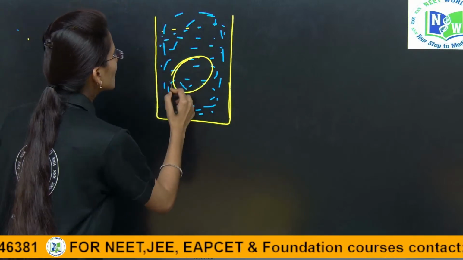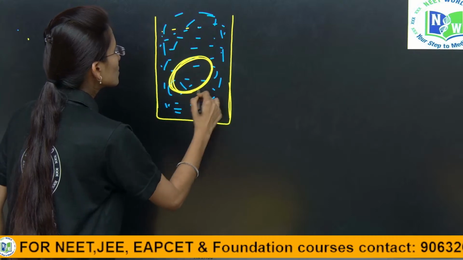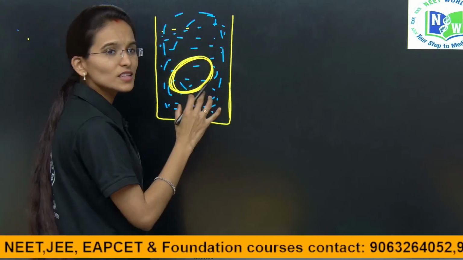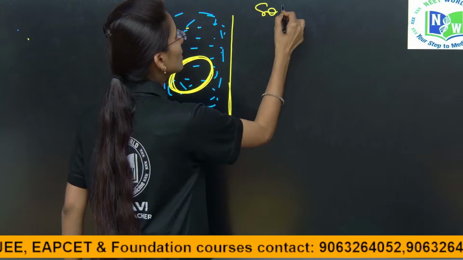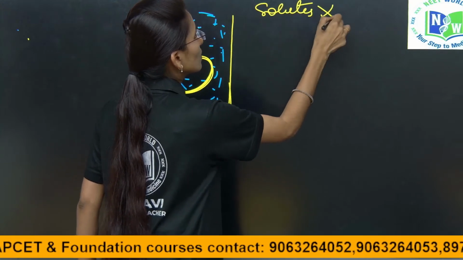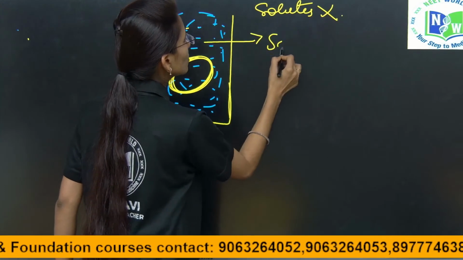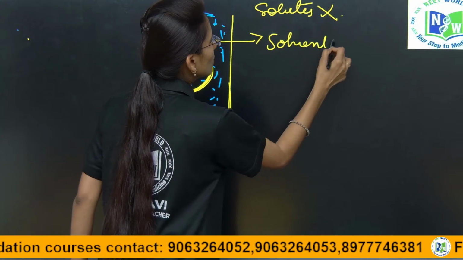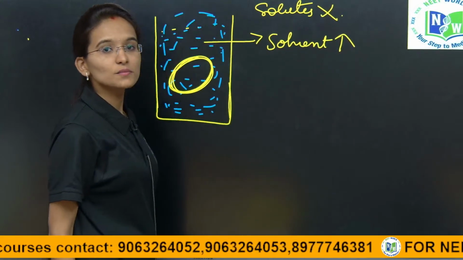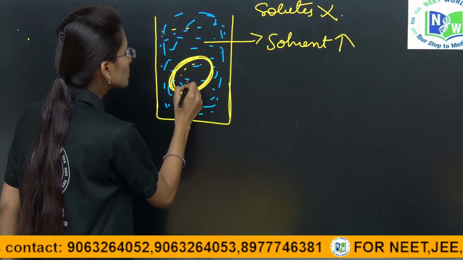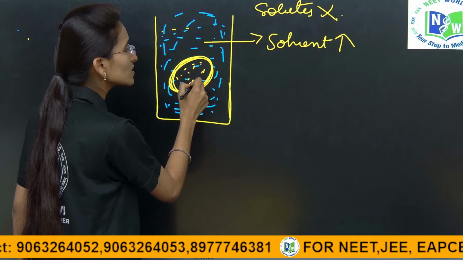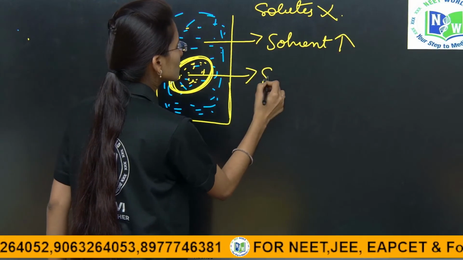Yes, here again I placed one resin. So here there are no solutes, solutes are absent, I added only solvent, so here the solvent percentage is more. So when compared to the cell environment, inside the cell the solvent is less.